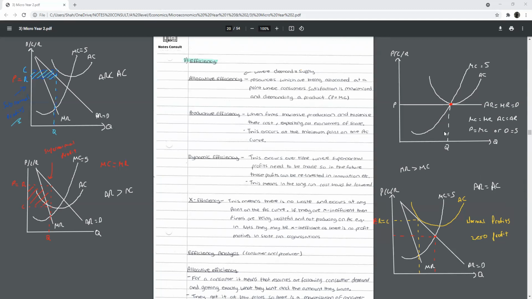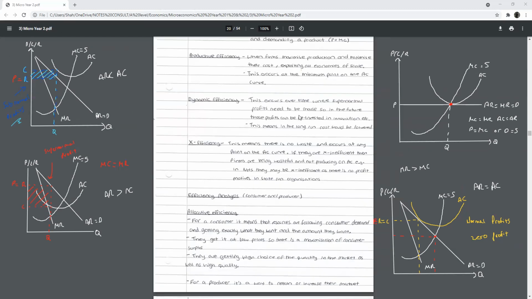On the perfect competition diagram, we are producing on the AC curve because we touch it at the red point. For a monopoly diagram, here we're making supernormal profits. We're not X efficient because where we're producing is the AR curve over here. We're not producing on the AC curve. And same goes for a firm that's making negative profits if they're in a loss.